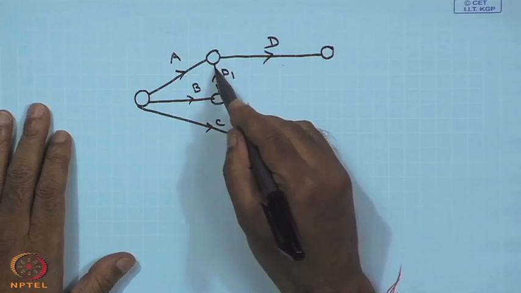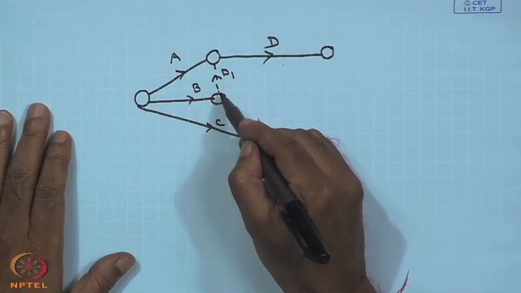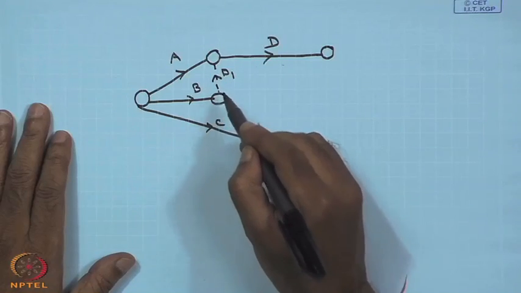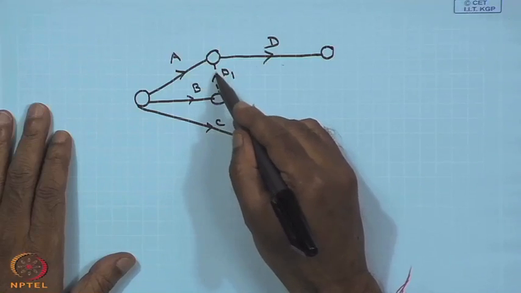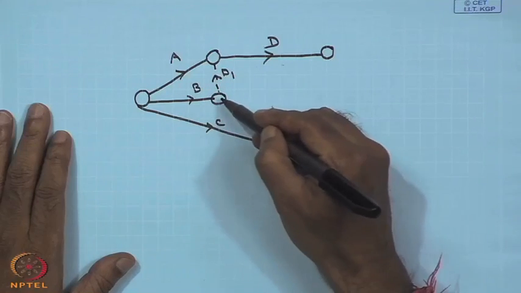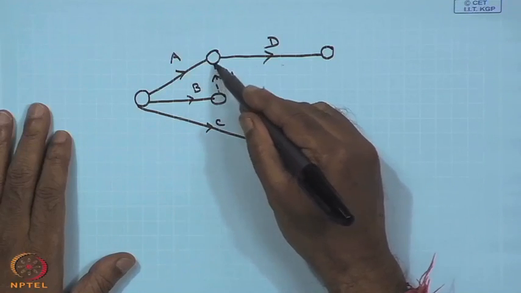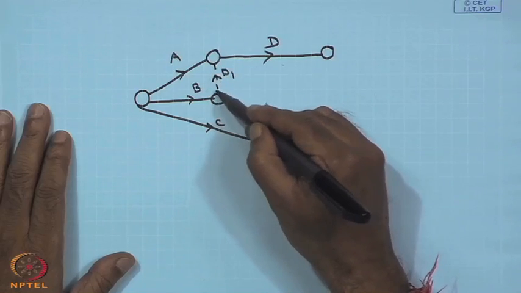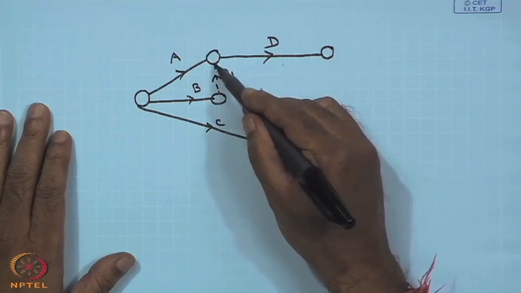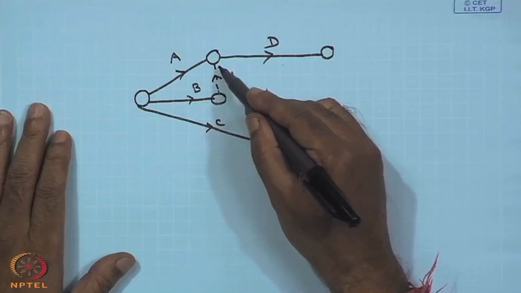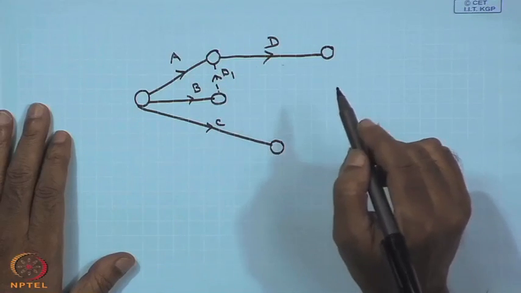But if you do not use this dummy activity D1, you cannot say this. So, I am using the dummy activity just to show that activity B has been completed, although it is not actually there. This is the use of the dummy activity.